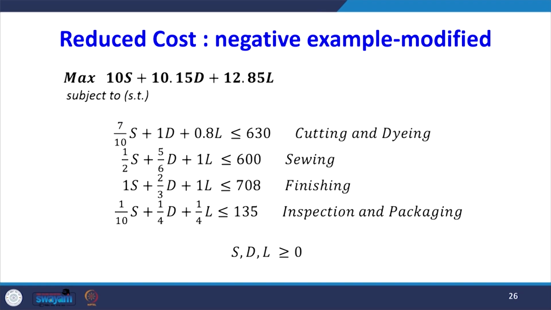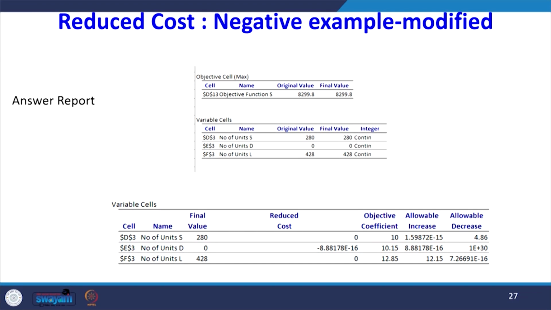So, when I solve this problem, 10S plus 10.15D plus 12.85L, I got this output. This output says the value of S is 280, the value of L is 428, but you see that the objective function value is the same.